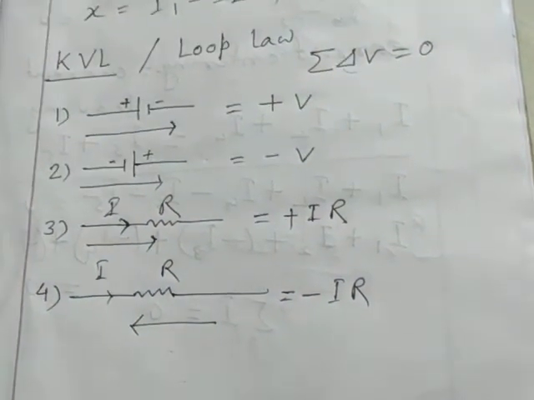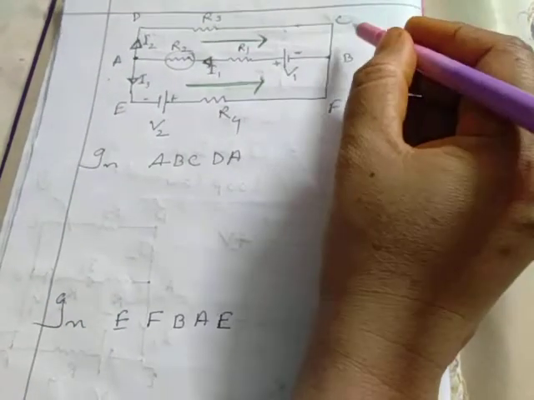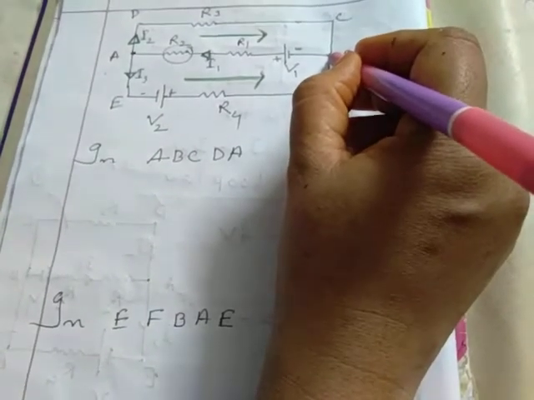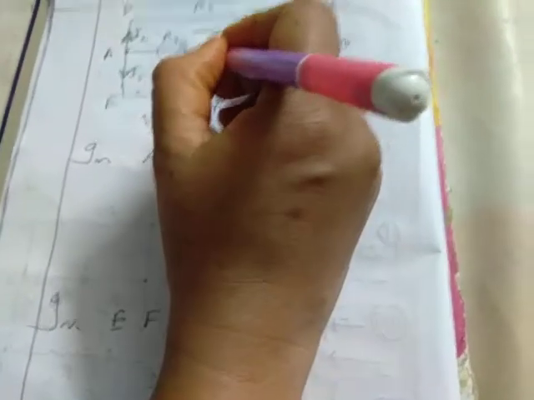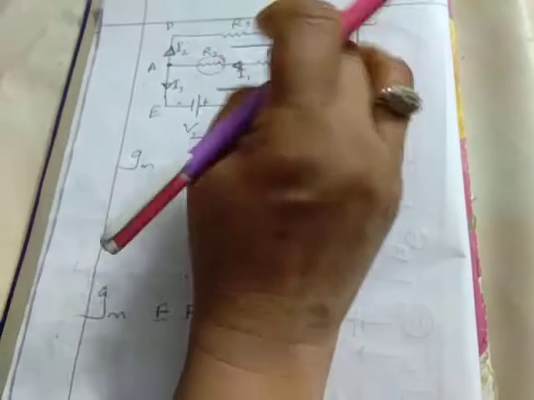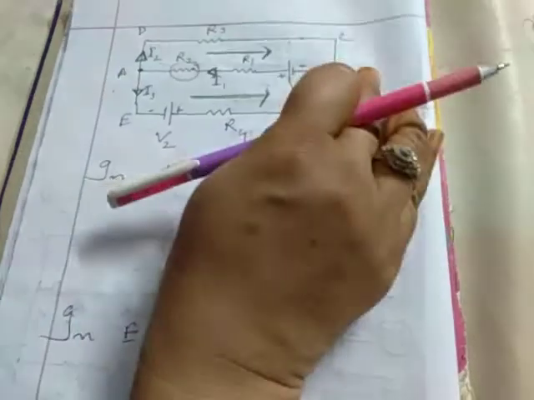So if you remember these 4 points, you can solve the circuit very easily. Now I will show you a circuit and how to solve it. I have already told you that KVL, that means Kirchhoff's voltage law, or loop law, is applicable only for a closed loop. This type of MCQ comes: KCL is applicable for the junction and KVL is applicable for the closed loop.